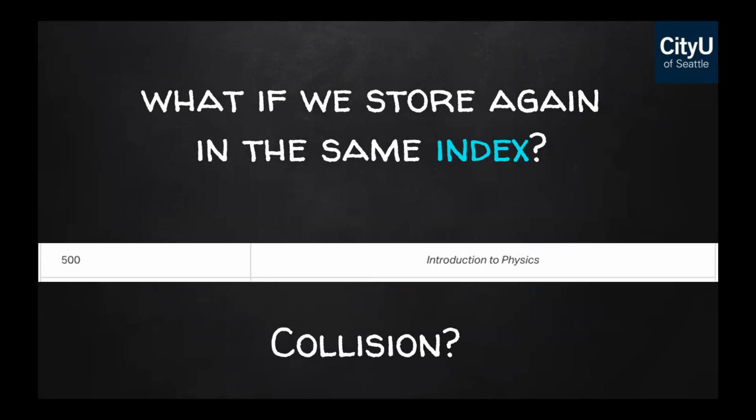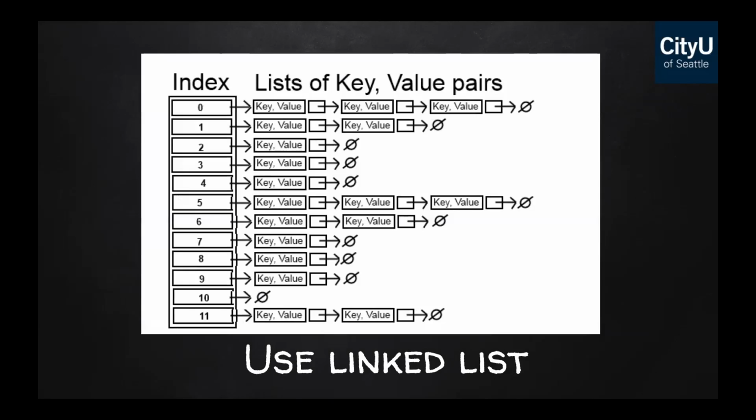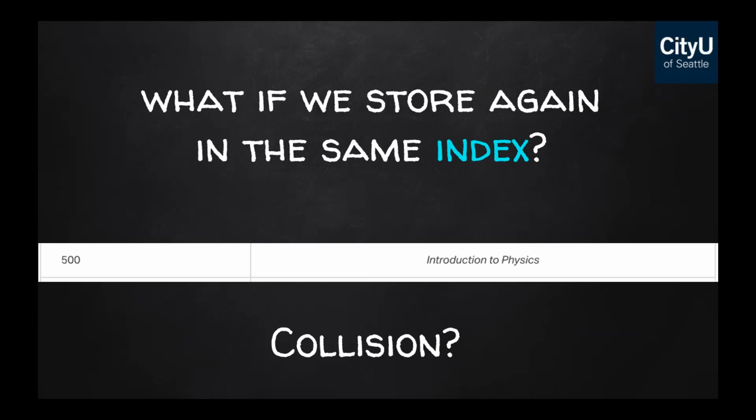So the way a hash table works is, inside of that you would have a list of key and value pairs. And we'll talk about linked lists tomorrow. But basically, if I add another book, instead of just overriding this index, I would create another key value pairing.